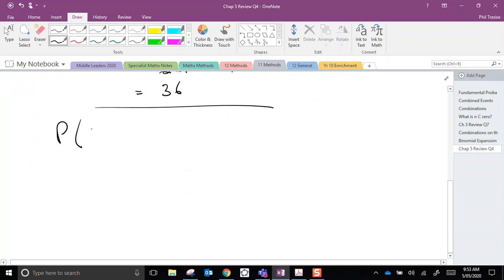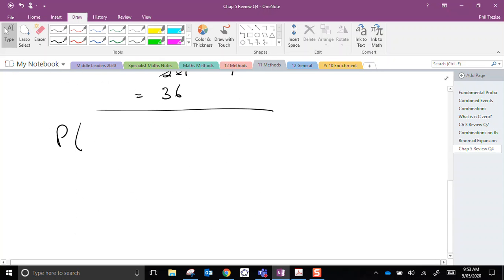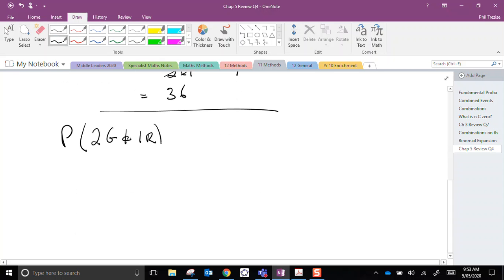The probability of getting 2 green and 1 red, that's my event. Remember, it's the number of ways that the event can happen, 2 green and 1 red, divided by the total number of events in the sample space.